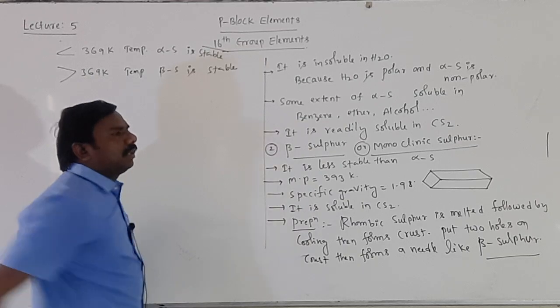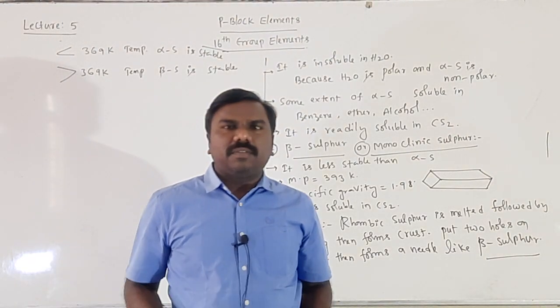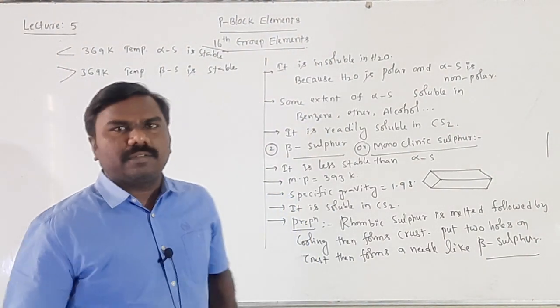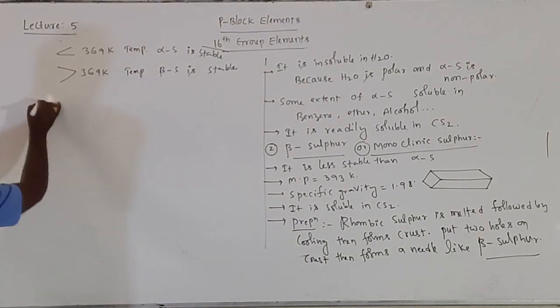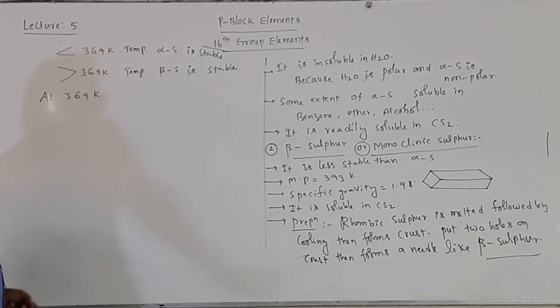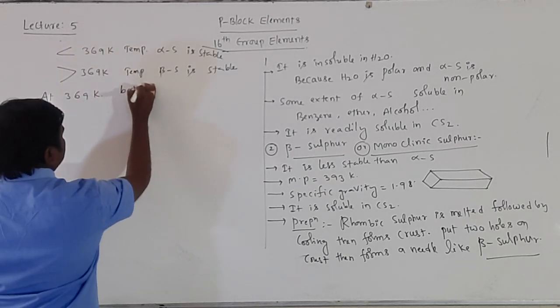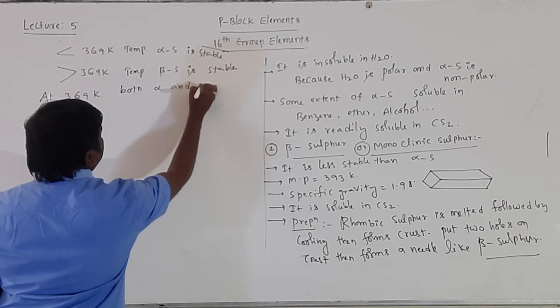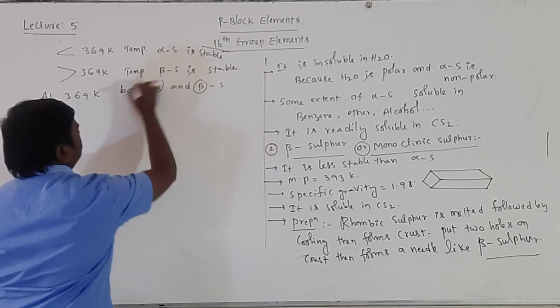Very, very important. At low temperature, alpha sulfur; at high temperature, beta sulfur. But at 369 Kelvin temperature, both alpha and beta sulfurs are stable.